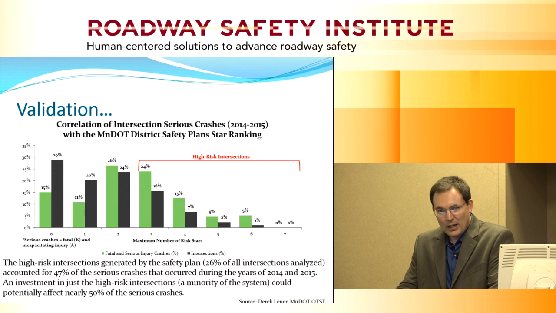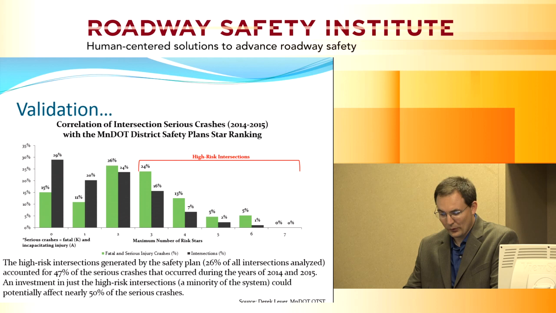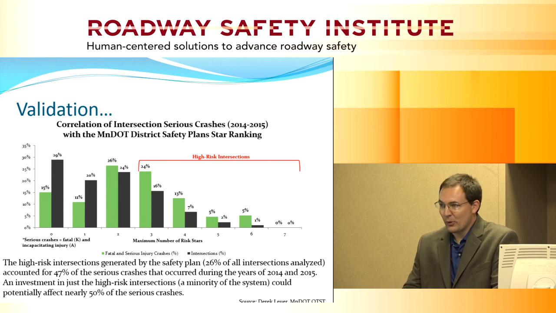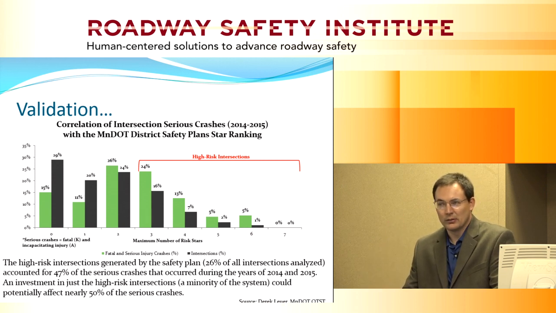The high-risk locations that were identified in the district safety plans represented 26% of all the intersections analyzed in the districts. Okay, so there was only 26% of the intersections in the districts of the DOT that were identified as high risk. Those 26% of intersections accounted for nearly 50% of the serious crashes.